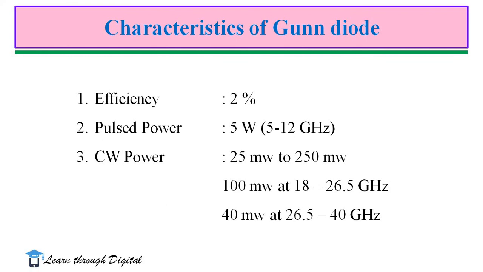CW power, continuous wave power, is 25 milliwatts to 250 milliwatts, 100 milliwatts at the frequency range of 18 to 26.5 GHz, and 40 milliwatts at 26.5 to 40 GHz. It typically uses 10 volt supply and a current of 140 milliamps and has a power dissipation of 1 watt. These are the general characteristics of Gunn diode.